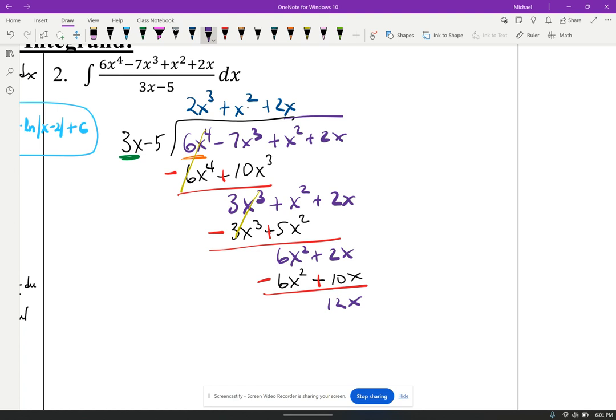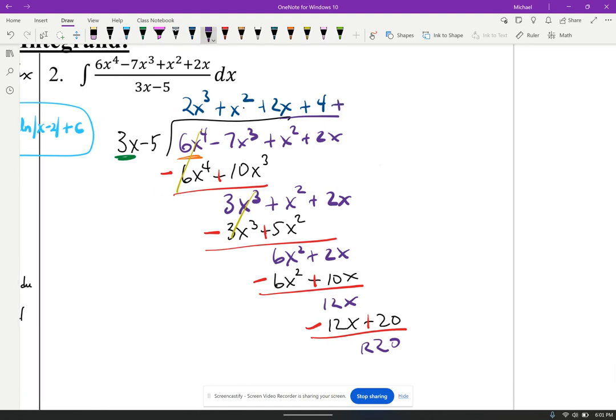And I can do one more. 3x times what will give me 12x, and that's going to be plus 4. That will give me 12x, and this will give me minus 20. And now I can subtract, and I have 20 left over. This is my remainder. And so I'm going to add it on as plus 20 out of 3x minus 5.